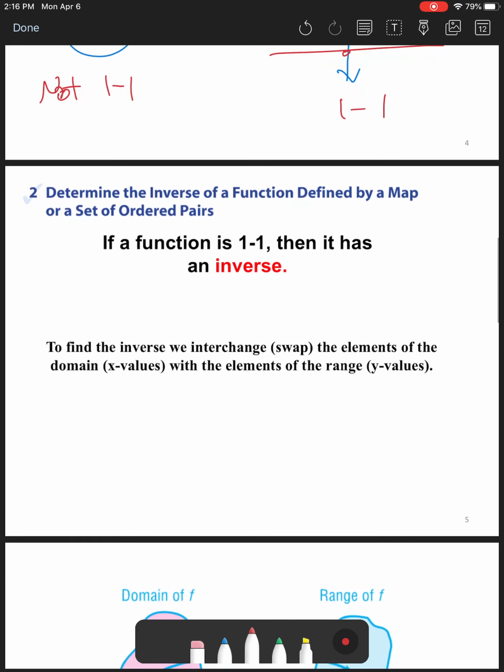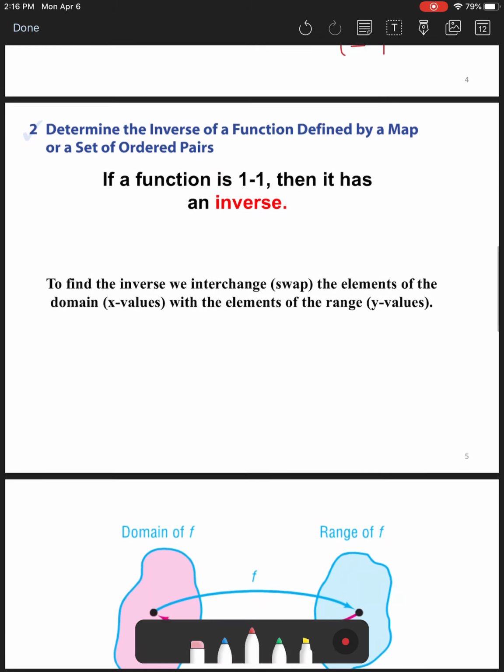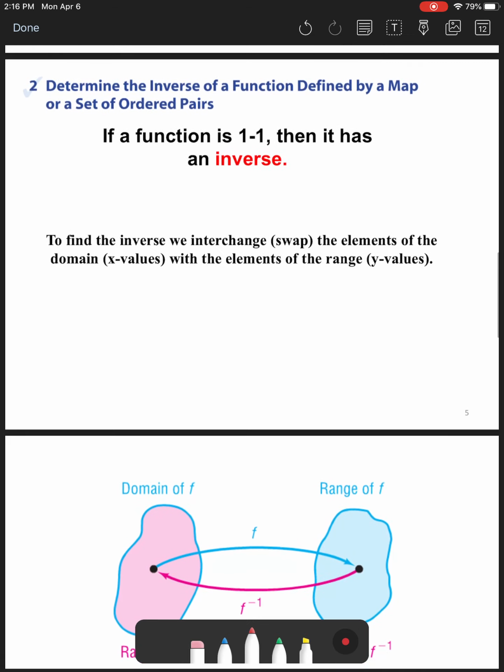Now, determine the inverse of a function. If the function is one-to-one, then it is invertible. And determining the inverse of a function, hey, it's a cakewalk. All you're doing is swapping out the x and y values and then building that thing.